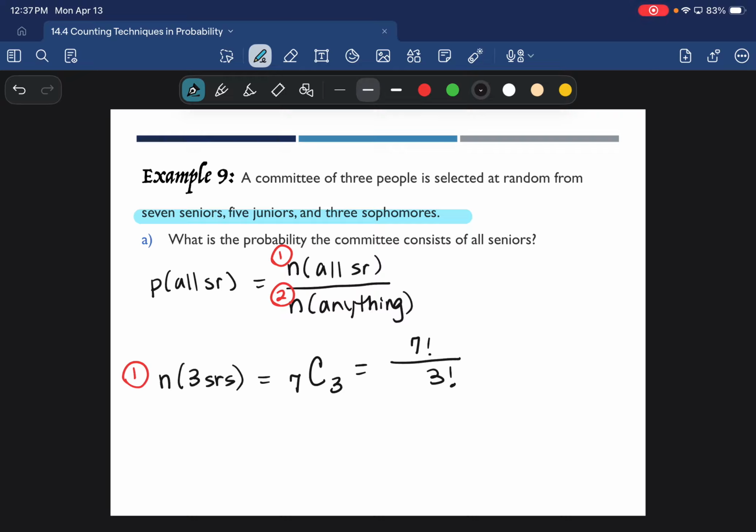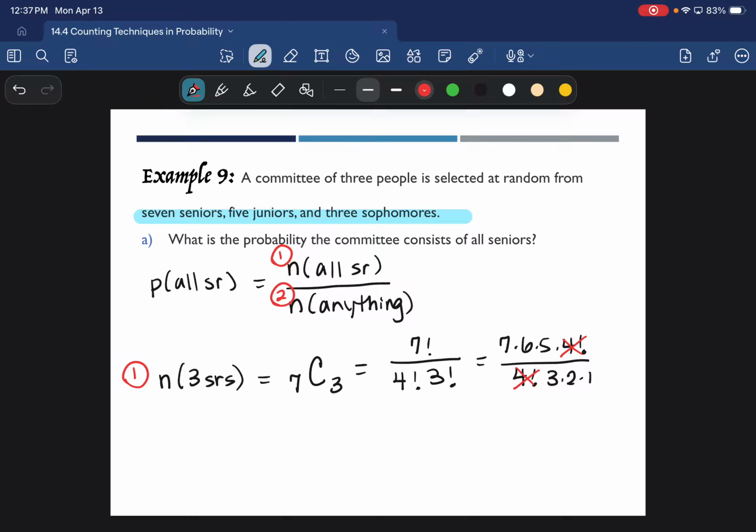I have the 3 I choose on the bottom, and that means there's 4 of the other seniors that are not chosen. So I have 7, 6, 5, and 4 factorial to cancel with a 4 factorial, and then 3, 2, and 1 on the bottom. So the 4 factorials cancel.